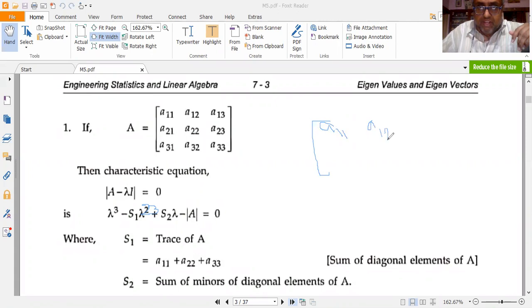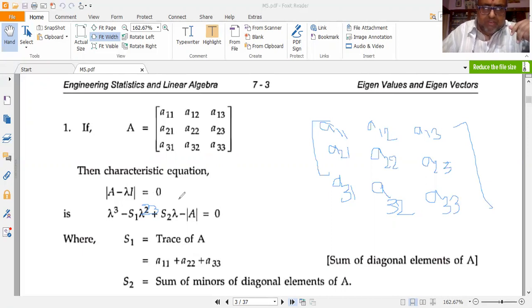So I have A11, A20, A12, A13, A21, A31, A33 I have.